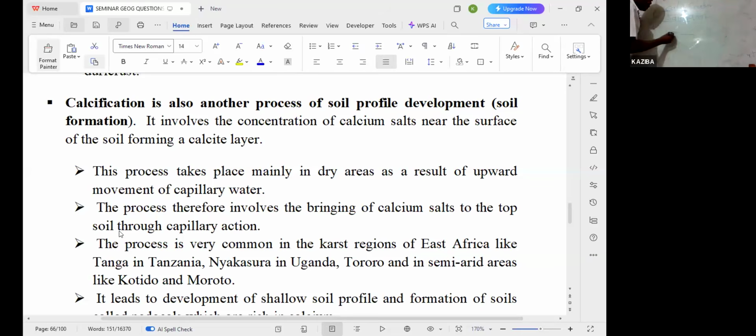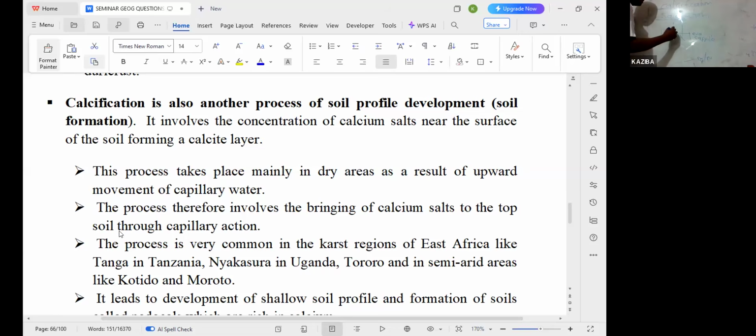Now, it happens in desert areas where, when it rains, rainwater enters the soil and dissolves the minerals that are there. Sometimes it can dissolve calcium, sometimes it can dissolve salt. Now, when the temperatures go high, this mineral evaporates upwards with water, that's what we call capillary action.